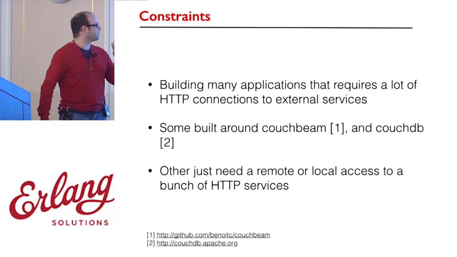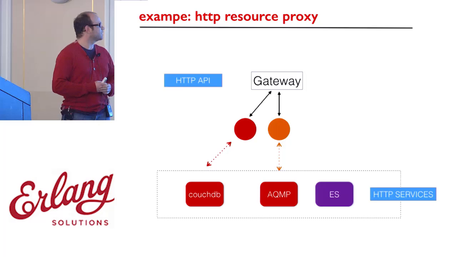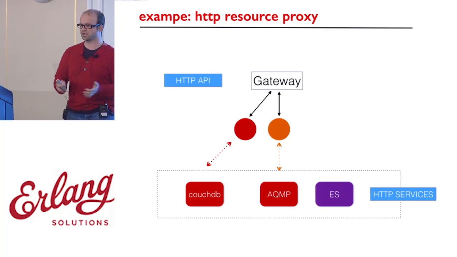One thing I've built for a customer, mostly design, is an HTTP resource proxy. Everyone knows Amazon, and the Amazon website is doing a lot of calls to remote services using HTTP or other techniques.